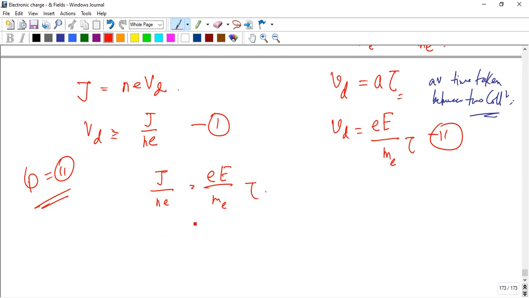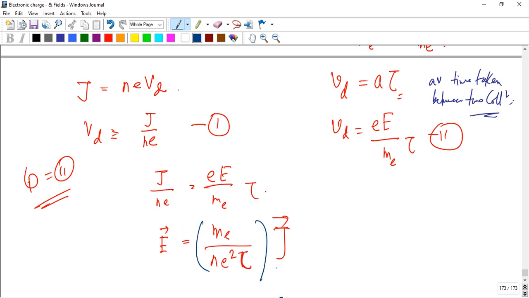Here we see that E equals J times m_e by n e square tau. The electric field and J are vectors, and the other term is a constant, so m_e by n e square tau is a constant term.